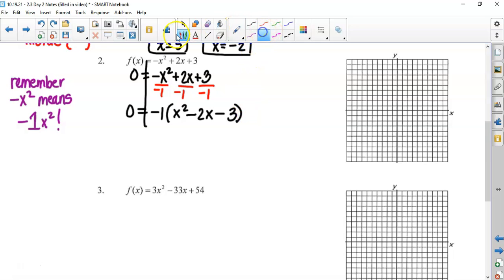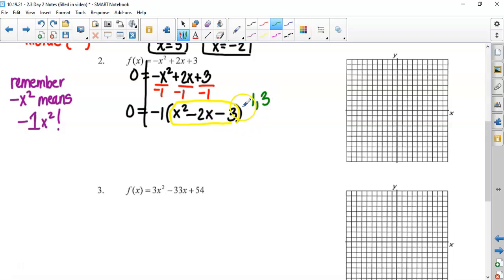Remember, the GCF is just going to hang out there out front. And we're now focusing on factoring what's inside the parentheses. A is 1, right? There's a 1 right here. So I need factors of negative 3 that add to a negative 2. Well, my only options are 1 and 3, right?